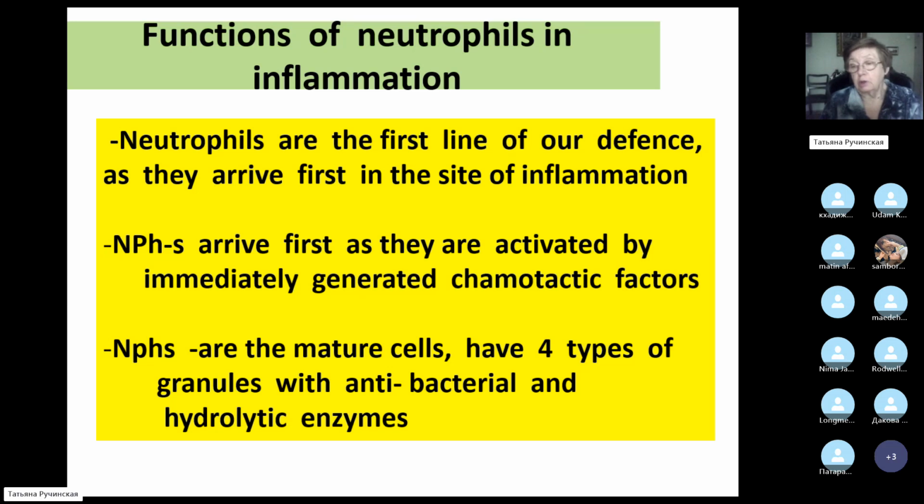And another one, neutrophils are mature cells. You see, mature cells, and that is why they cannot use the energy to become mature, as for example monocyte can do.